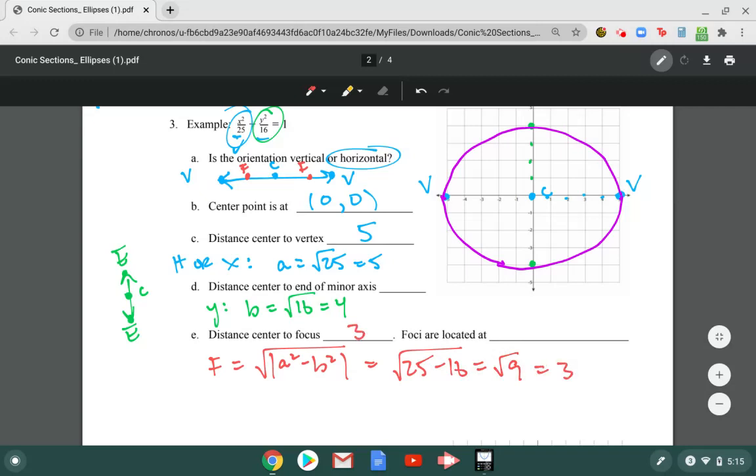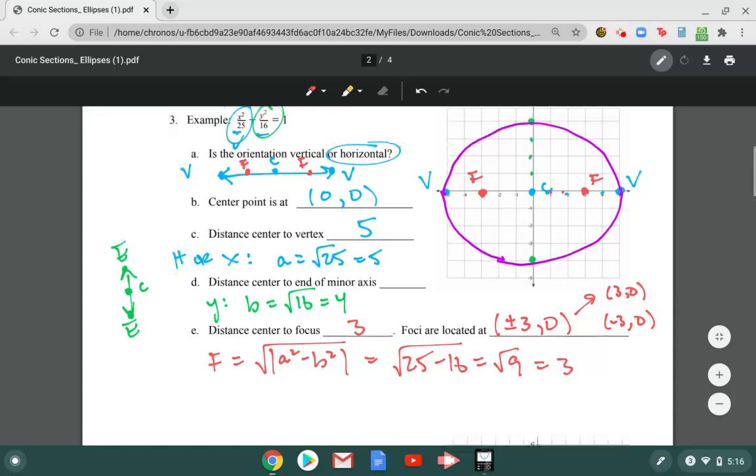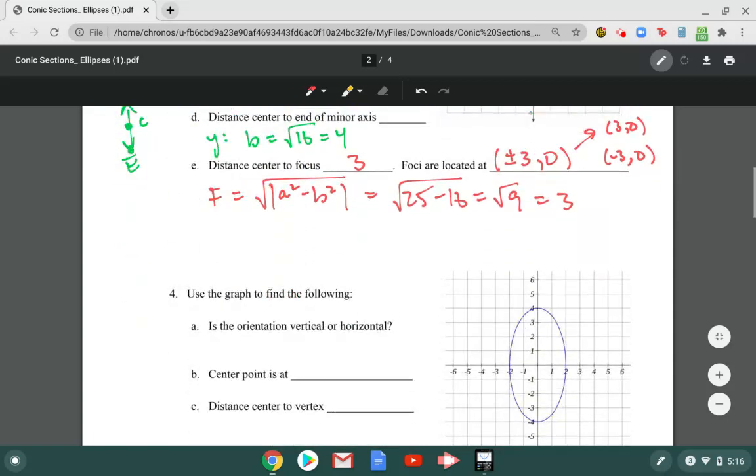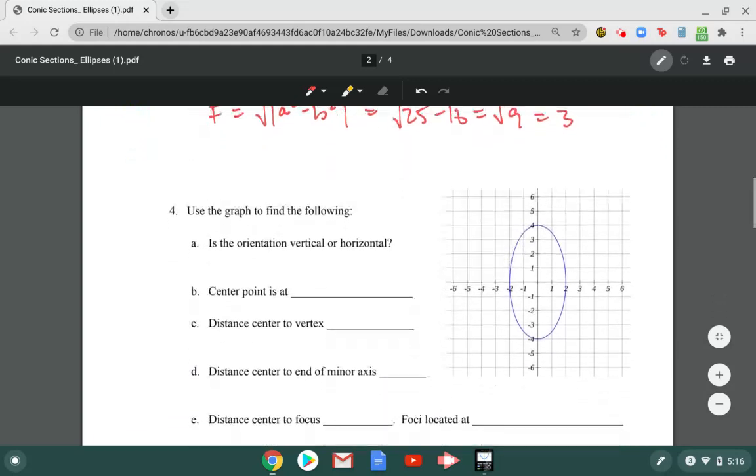So those foci are 3 away from the center. 1, 2, 3, there's a focus. 1, 2, 3, there's another focus. Where are they located? They've got x coordinates of 3 and negative 3. So we could say plus or minus 3, comma 0, or we could split those up: 3, comma 0 and negative 3, comma 0. So a little easier in practice than all of those formulas.